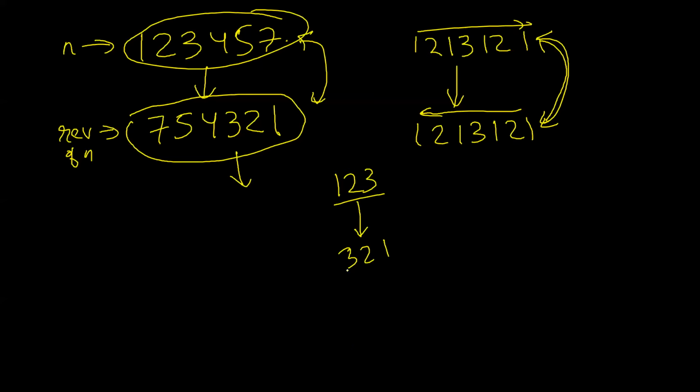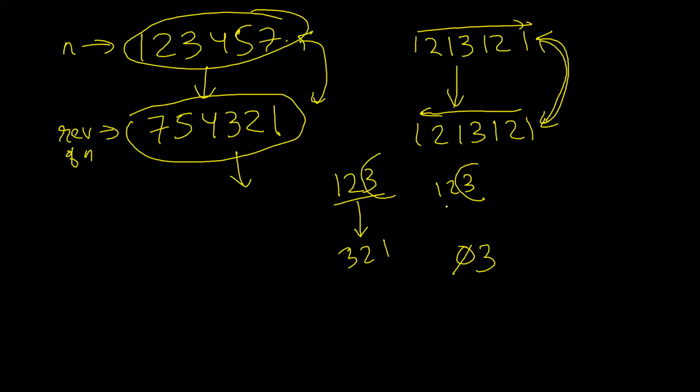So basically what I'll be doing is picking up the last digit of this number. Initially I'll have the reverse value as 0. I'll pick up the last digit and add it to the value for the first time.